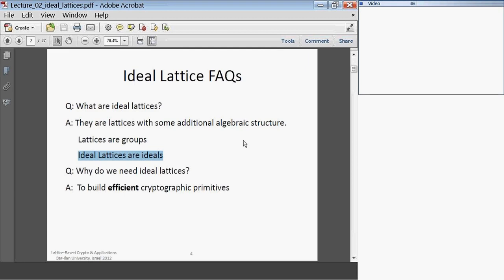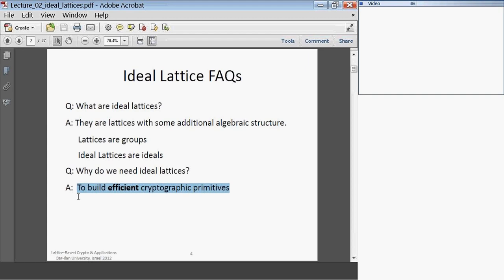We can call it a cyclic property. It's a subgroup that can be used to efficiently perform operations dealing with lattices. The general motivation of going from lattices to ideal lattices is to develop efficient cryptographic primitives. That's the only motivation there.